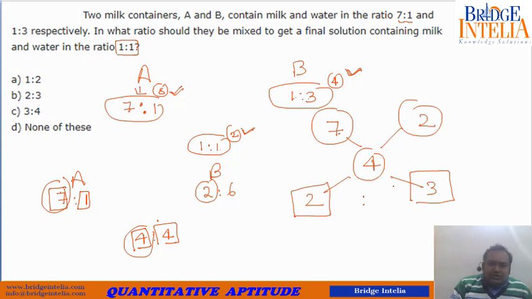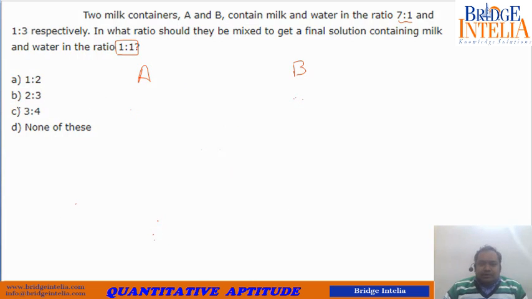If you solve the same question using a different approach, let's see if we reach the same answer. Instead of homogenizing the ratio, if you had gone for the fractional approach, then let's see what could have been the approach. So let's see the second method, alternative method. Now instead of ratio method, let's use the fractional method. So the first container contained milk and water in the ratio 7:1. It means the fraction or the proportion of milk in container 1 is 7 out of 8.